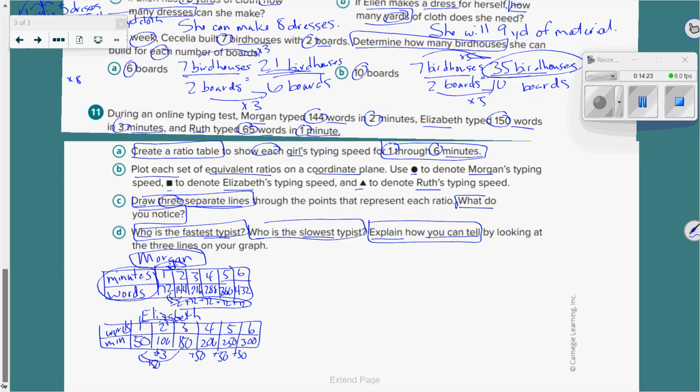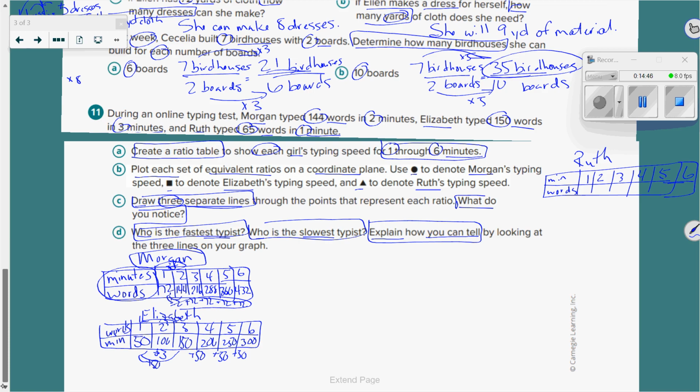Okay, our last one is Ruth. So we put Ruth over here. Our table is going to look the same. I've got minutes and words, going 1, 2, 3, 4, 5, and 6.